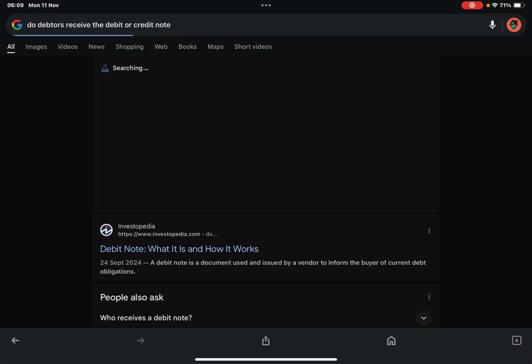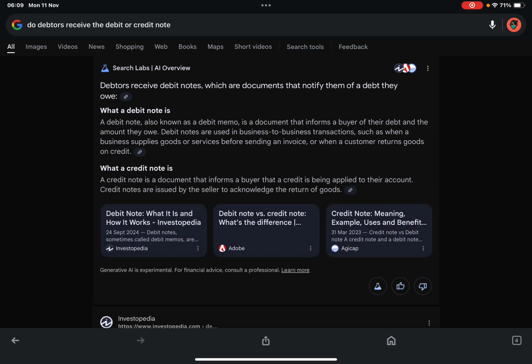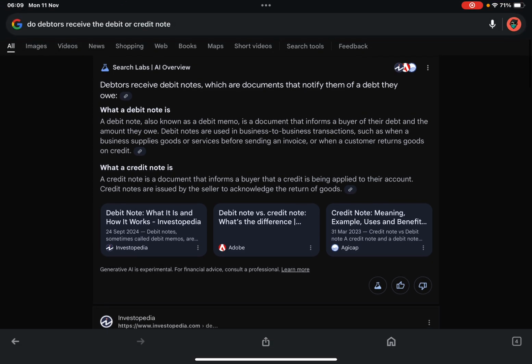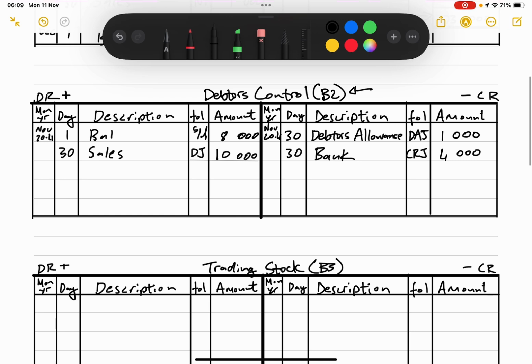Okay, a debit note, also known as a debit memo, is a document that informs a buyer of their debt and the amount they owe. Debit notes are used when a business supplies goods or services before sending an invoice. Okay, no. So our debtors will receive credit notes, and we will keep the debit note.